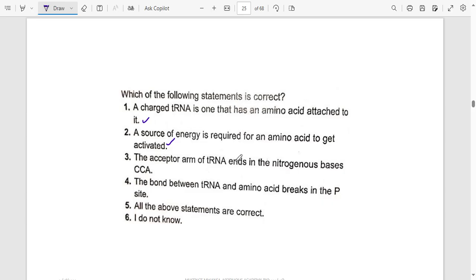The arm of tRNA ends in the nitrogenous bases CCA. Is that true? The bond between tRNA and amino acid breaks in the P site. Is that true? Okay. So what's the answer? All of the above.